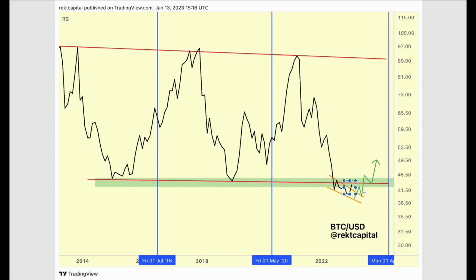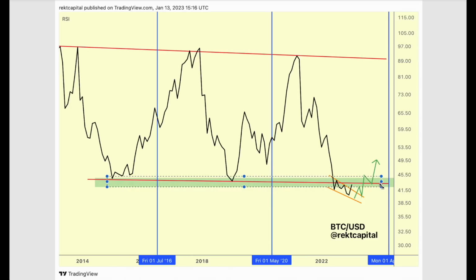And if the monthly closes like this in a few weeks' time, then we're probably going to see some sort of retest via this green pathway, followed by a move towards the upside, or we might actually skip this retest altogether and move towards the upside, because the most important thing this downtrending channel is suggesting to us is that it has to have a breakout for the RSI to reclaim this green area, these previous bear market bottoms.